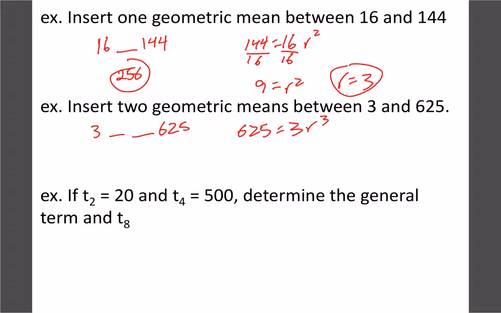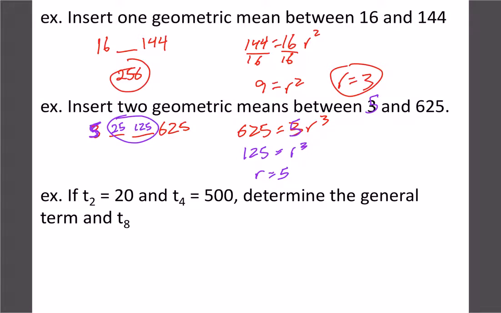It should actually have been 5, not 3. This is the way I had the original question. So between 5 and 625. If we go 625 divided by 5, that gives us 125 equals r cubed. If we cube root that, we get 5. So now we can go back to the question. We'd have 5 times 5 would be 25, times 5 again would be 125, and there's our two means.